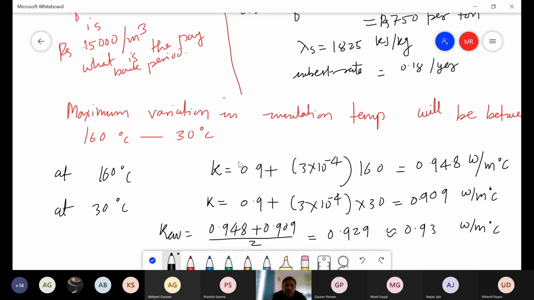Because my thermal conductivity is not varying too much with the temperature. Even if I look at the temperature variation and its effect on thermal conductivity, hardly is it going to change my answer, isn't it? Because it's not varying too much. Does it make sense? Yes, sir.